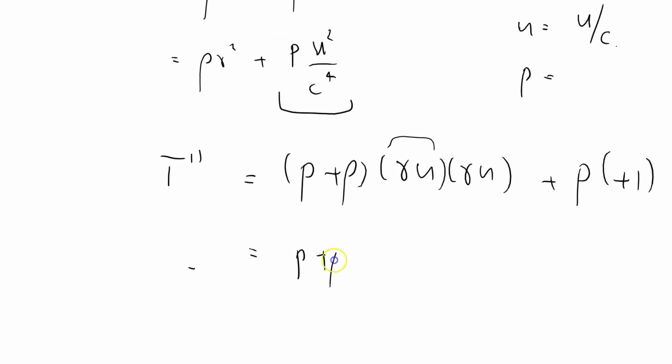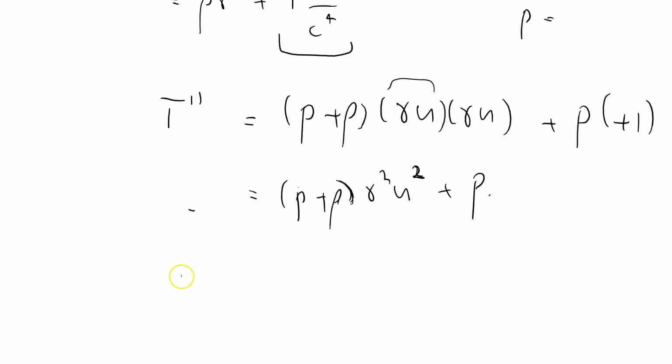Equals (p plus rho) gamma squared u squared plus p. Well, again, it is what it is. So that's it there. So that's the momentum density of your fluid. Yeah, so it's got p, it's got a rho term in there which creates its own density, gamma squared u squared. So it's a momentum density.